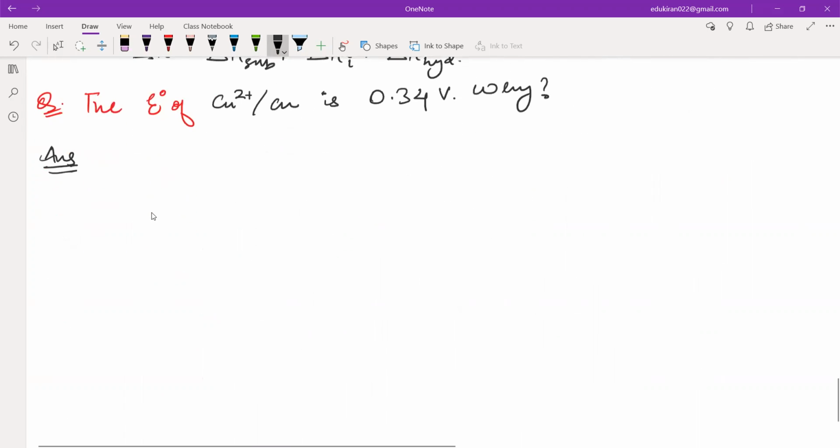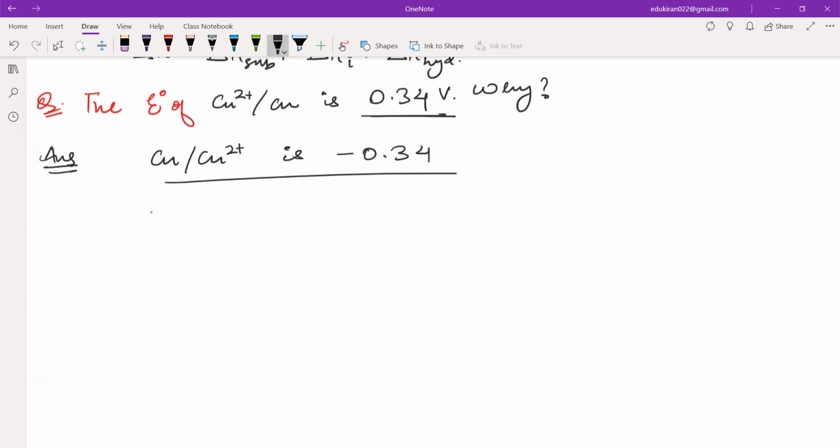Look here and tell me, why is this positive? What does that mean? Cu2 positive is minus 0.34. Correct? Yes or no? Yes, sir.